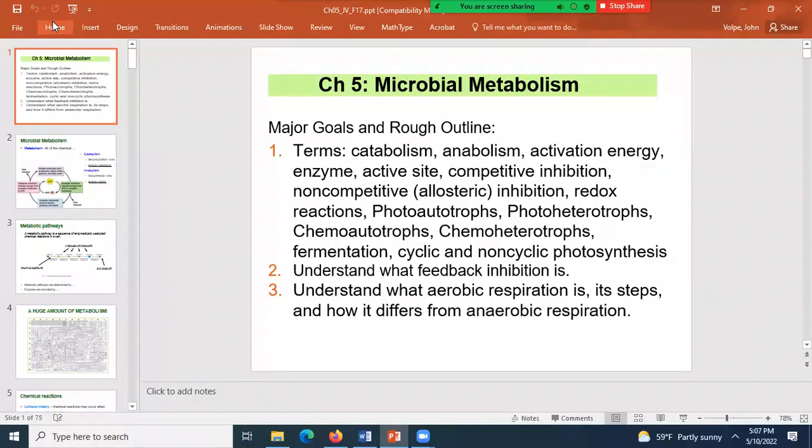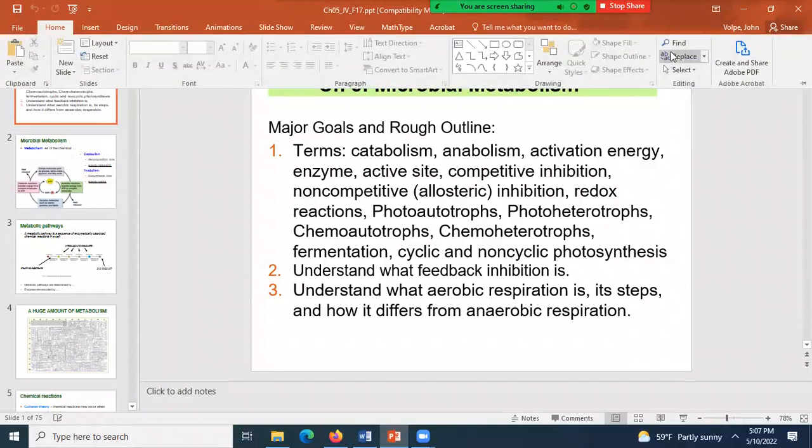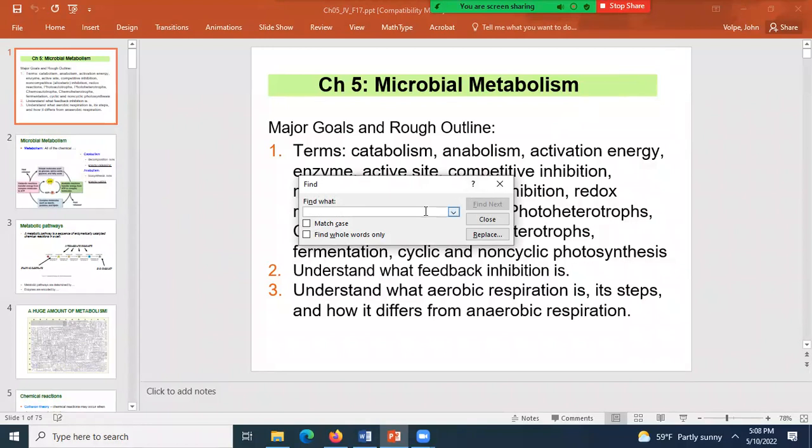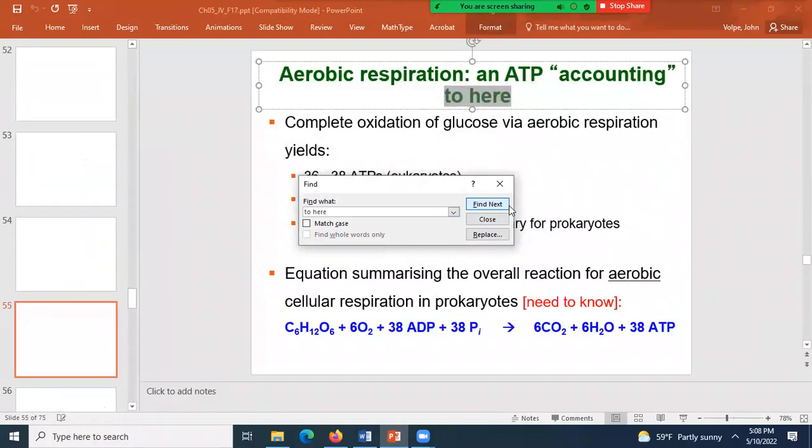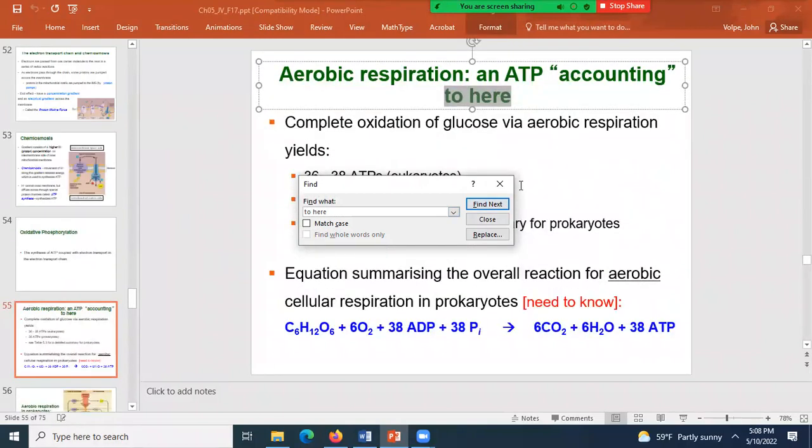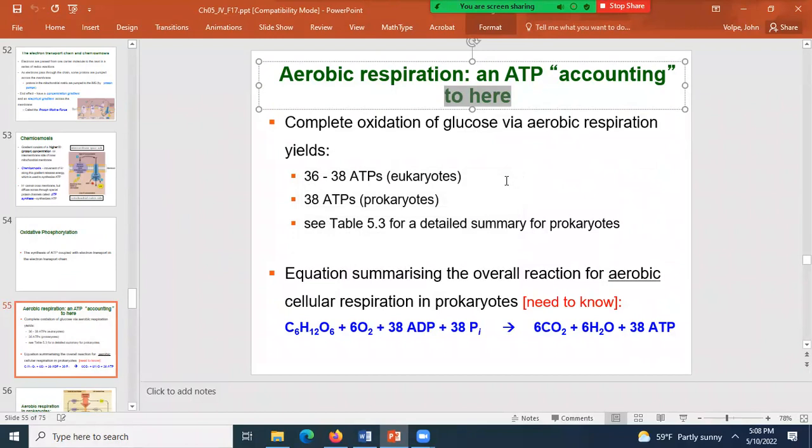Chapter 5. Remember, we have a number of slides to do yet. I think we had talked about this slide. The complete oxidation of glucose via aerobic respiration yields 36 to 38 ATP molecules in eukaryotes. Prokaryotes are a little more efficient and they generate 38 ATPs per molecule of glucose.